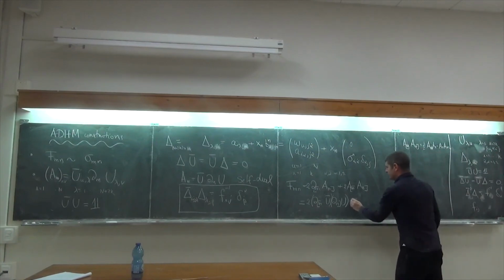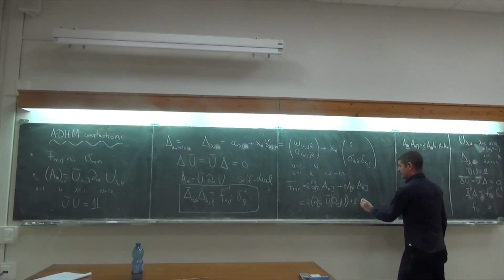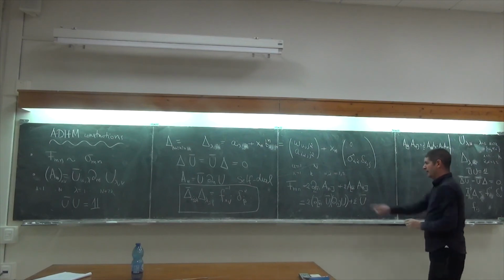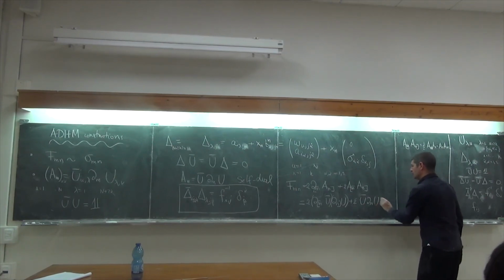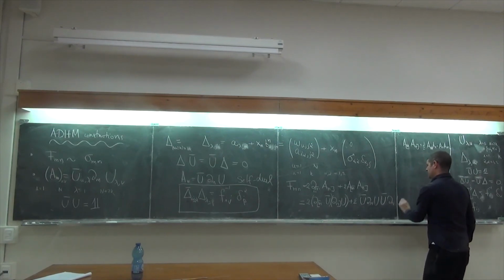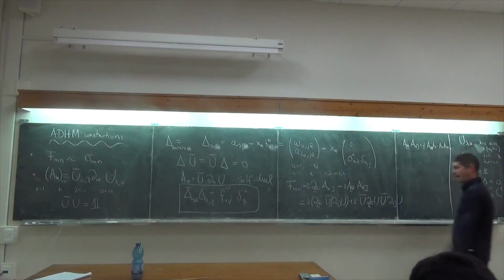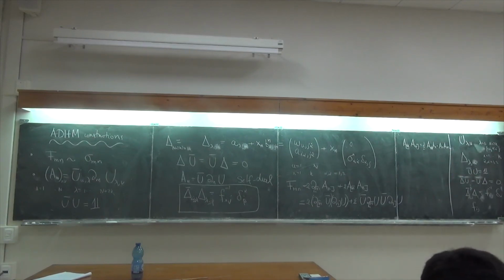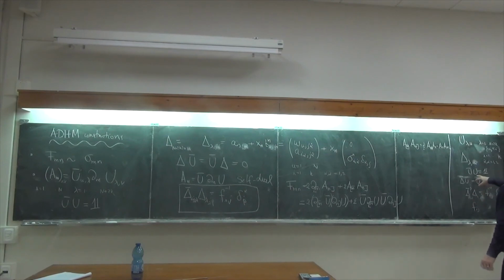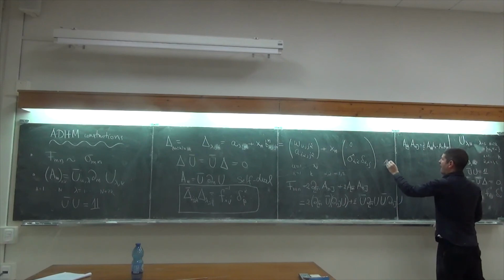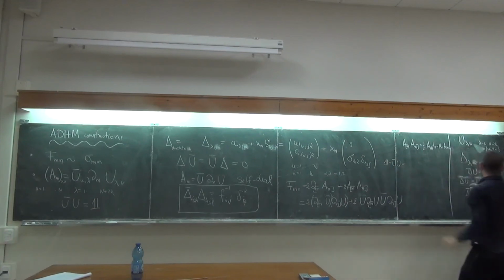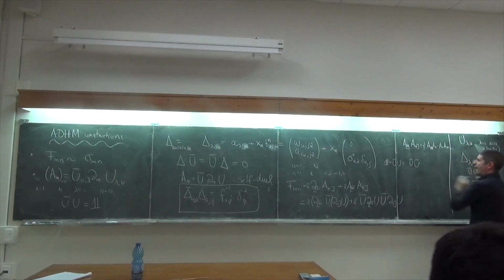Now let's compute this. This is 2 times u bar d_n u bar d_n. Now let's observe the following. We say that u bar u is 1. What about u u bar?